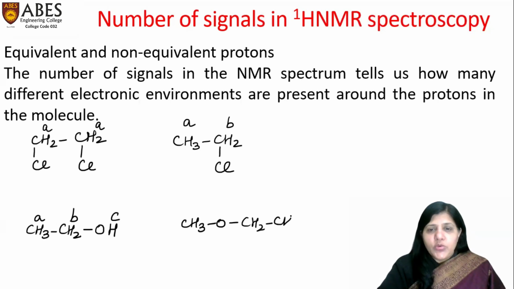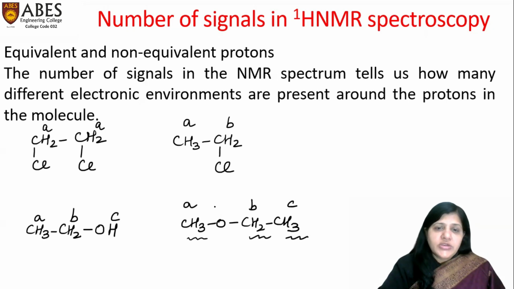This ether molecule again has three sets of protons due to different electronic environment around all three sets of protons. In this way, we differentiate magnetically equivalent or magnetically non-equivalent protons. In the first example, that is 1,2-dichloroethane, all protons are magnetically equivalent.